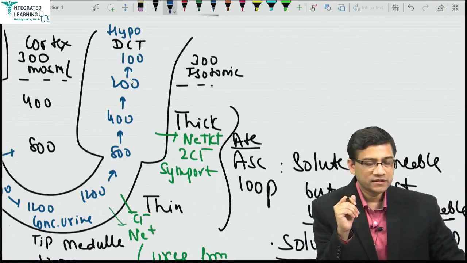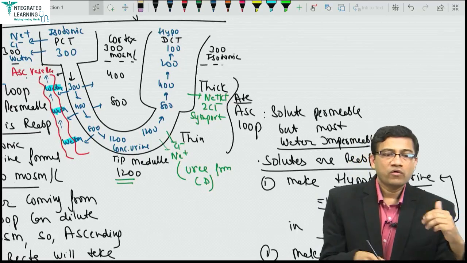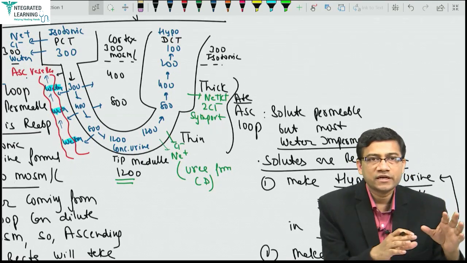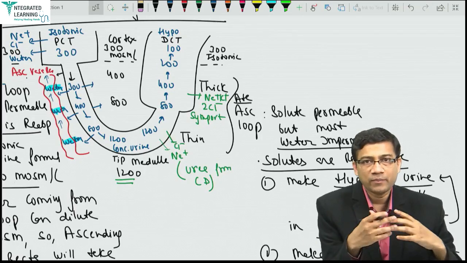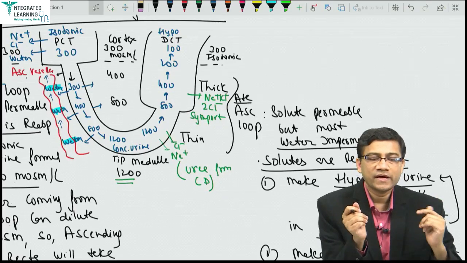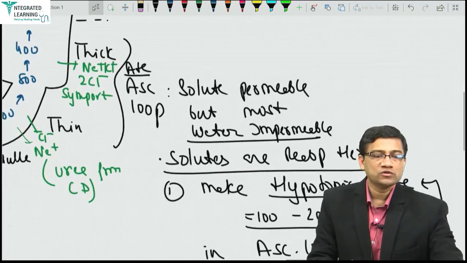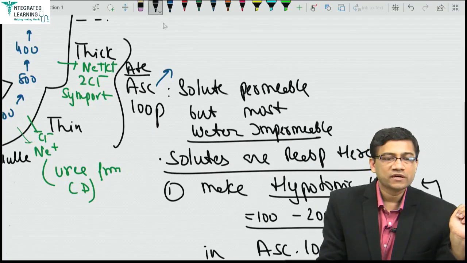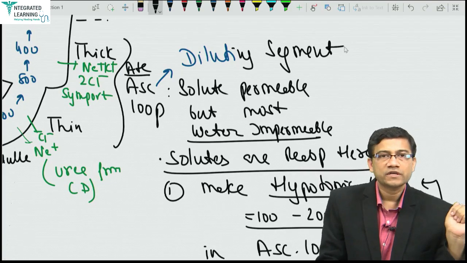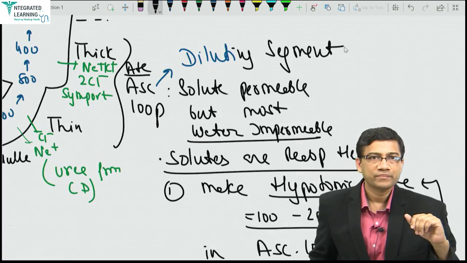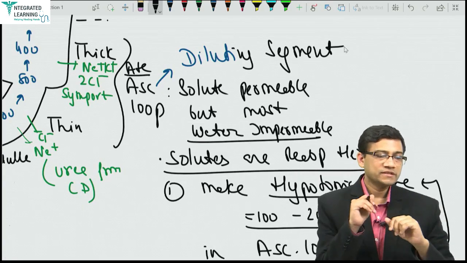So let me summarize. In this case, what is making the urine concentrated? Descending loop of Henle. What is making the urine hypotonic? Ascending loop of Henle. That's why sometimes the ascending loop is also called the diluting segment. Now let me summarize.